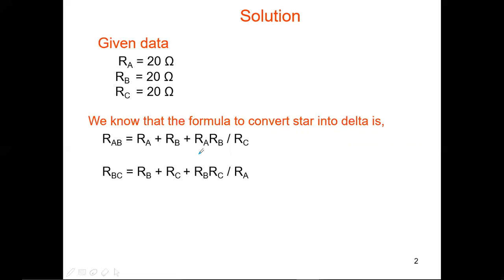What about RBC? RB plus RC plus RB RC by RA. And RC we can write as RC plus RA plus RC RA by RB.